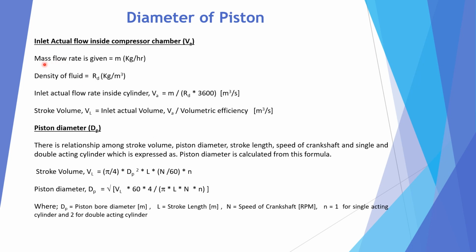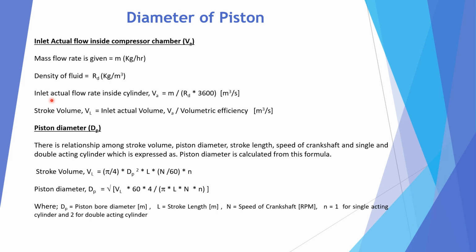Now the second point is to find out the diameter of the piston. So how can we find out the diameter of the piston? For that, first of all, we need to find out the inlet actual flow. So mass flow rate is given as m kg per hour. Let's say density of fluid is RD kg per meter cube.